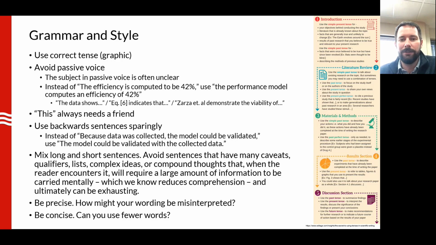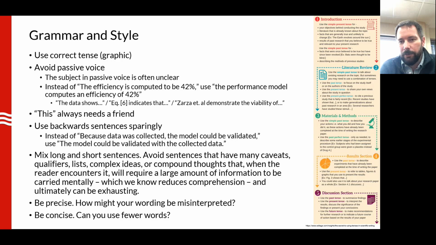The royal we can be used even if you're the only author on the paper. So that's possible, but you can also just rephrase things. Instead of saying the efficiency is computed to be, we'd say the performance model computes an efficiency of. So you have the subject being the model, the data, the other author or whatever, and you can see those examples.